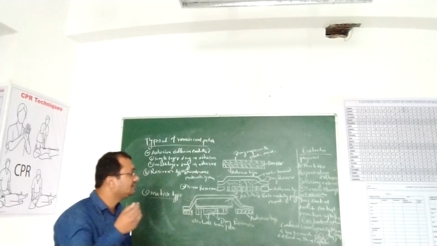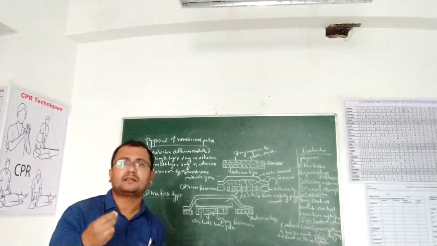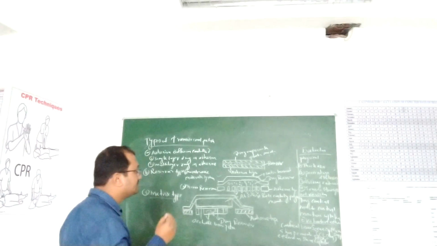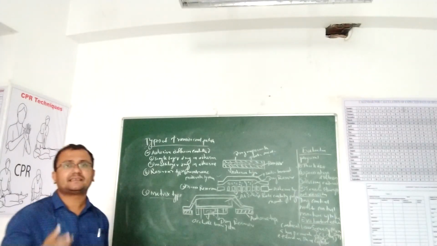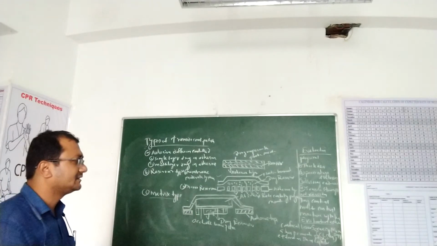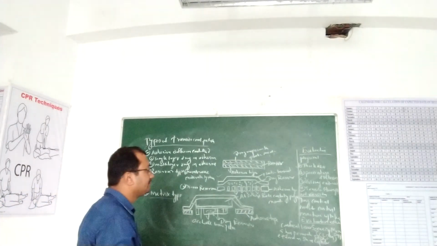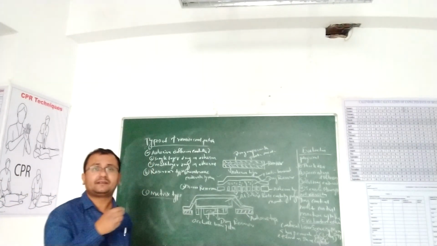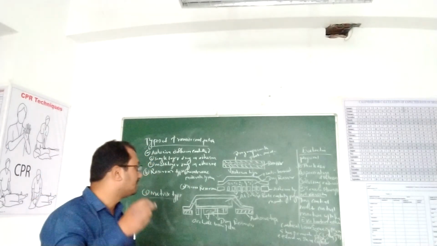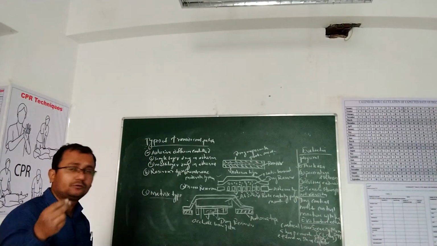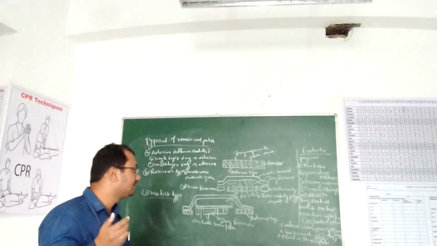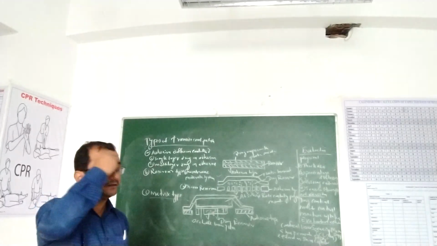Then there are evaluation parameters of the adhesive, meaning how efficient the adhesive we are using is. These parameters we have already sometimes discussed in buccal drug delivery systems. In the buccal, mucoadhesive drug delivery system, evaluation of adhesive materials we have also discussed.